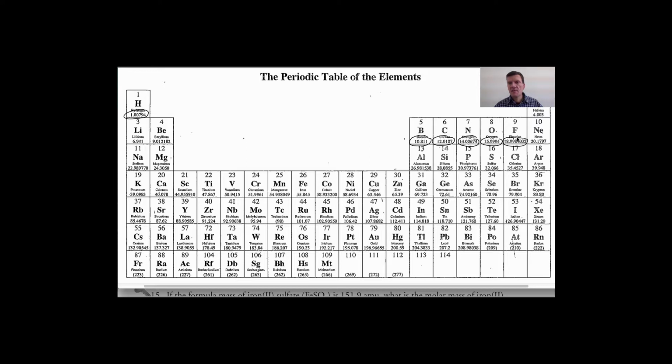That number would be the number of AMUs for one atom, and this number is also going to give you the number of grams for 1 mole of that atom. Okay? Same number, different units. AMU for an atom, grams for a mole.